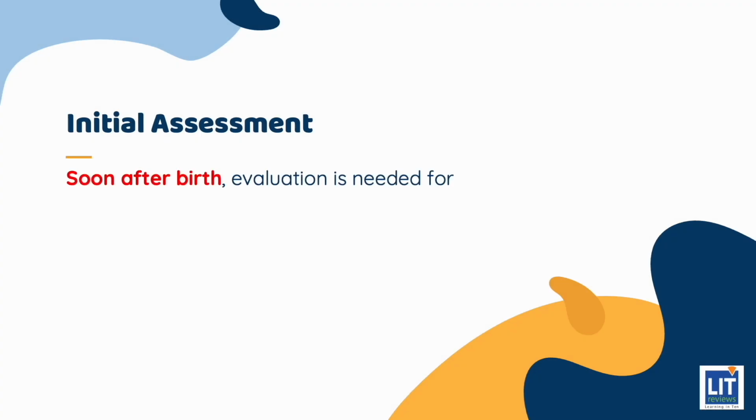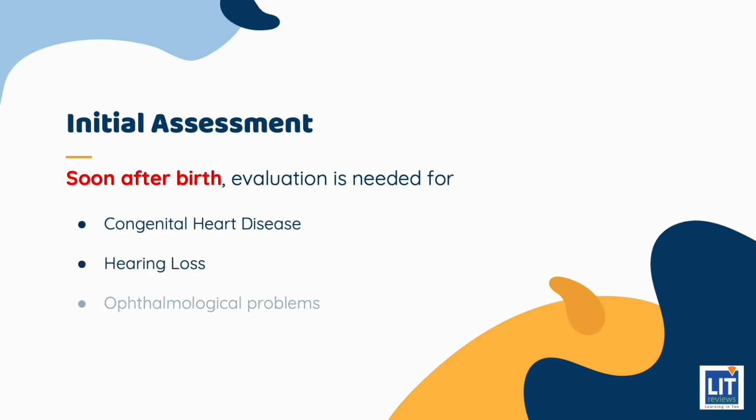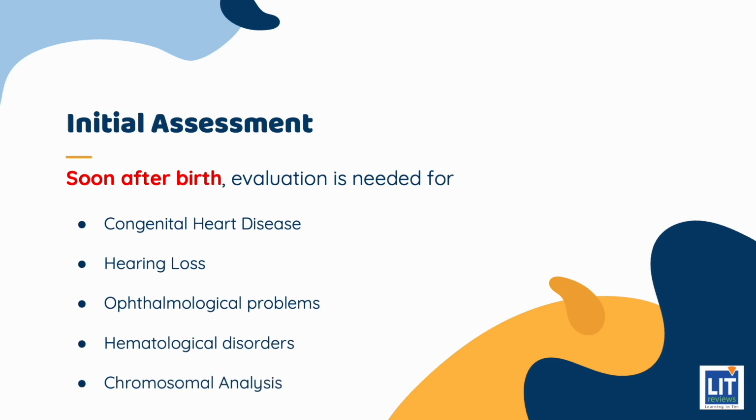Soon after birth, individuals with Down syndrome should undergo evaluation for congenital heart disease, hearing loss, ophthalmologic disorders, and hematologic disorders. Hearing loss is present in 38% to 78% of patients. Ophthalmological disorders affect about 60% of patients and include refractive errors, strabismus, nystagmus, cataracts, and keratoconus.